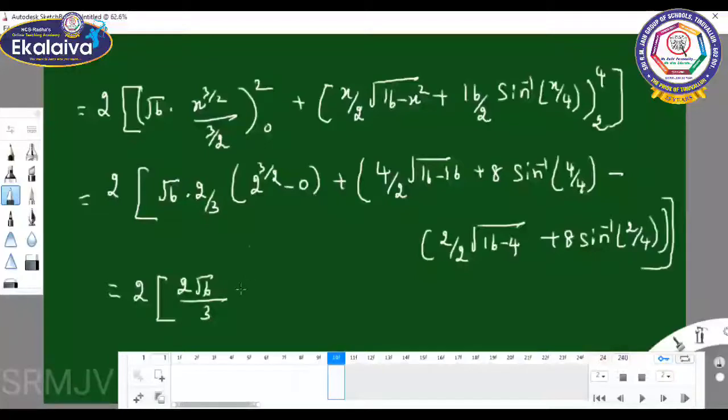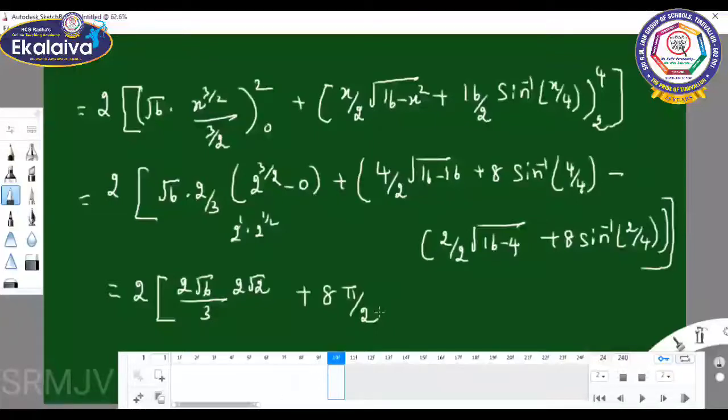That 2 power 3 by 2 you can write as 2 root 2. 2 power 3 by 2 you can make it as 2 power 1 into 2 power 1 by 2. If the bases are the same, you can add the powers. So 2 root 2. Here this term becomes 0 plus 8 into sine inverse of 1, which is pi by 2, because 4 gets cancelled.